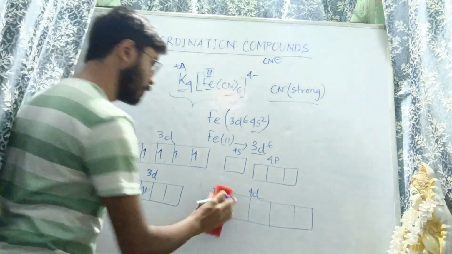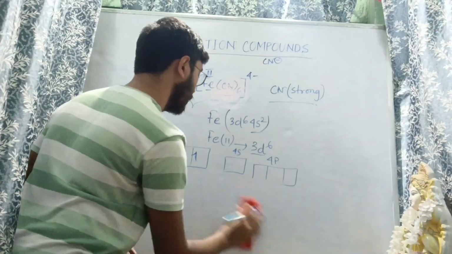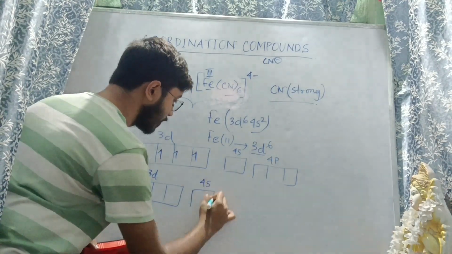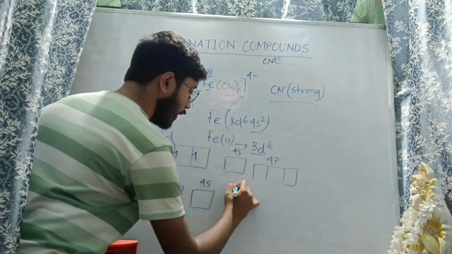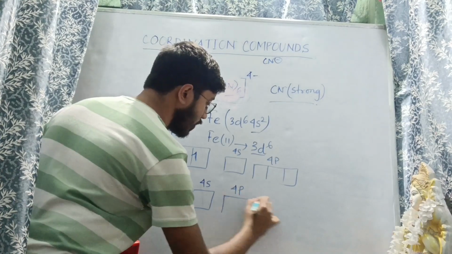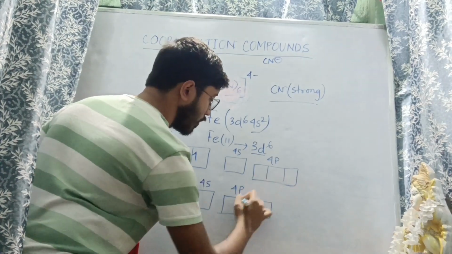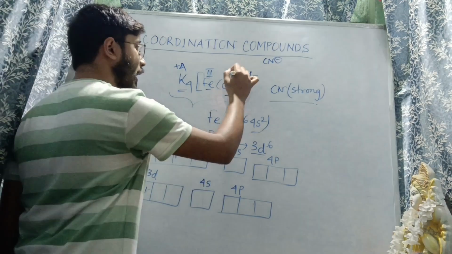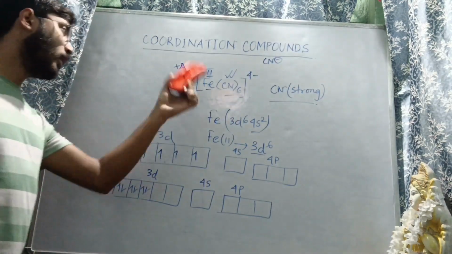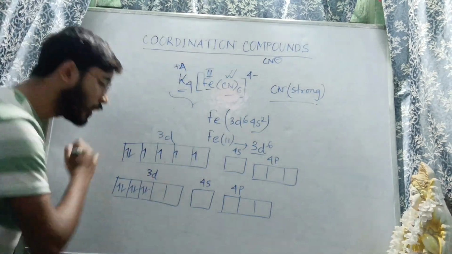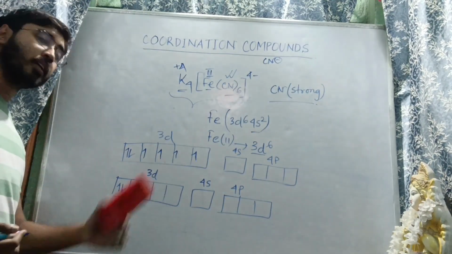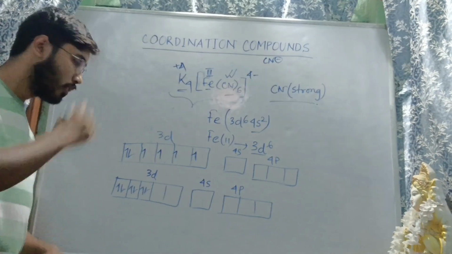The 4s is vacant and 4p also vacant. So cyanide donates its electrons into the inner d shell because 2 inner d orbitals are already vacant.